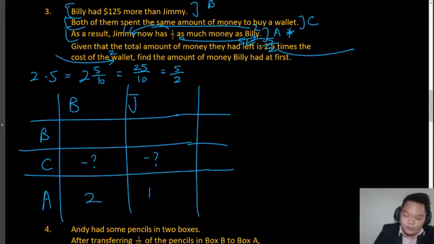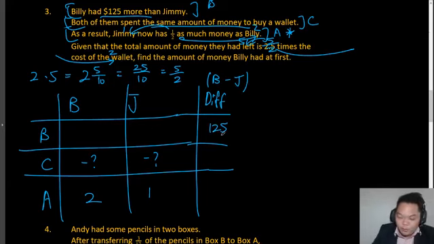And you know that the difference at the beginning, where B has got more than J, the difference will be 125. Okay, so at the end of the day, Billy has got 2 units, Jimmy has got 1 unit. And that difference here is 1 unit.